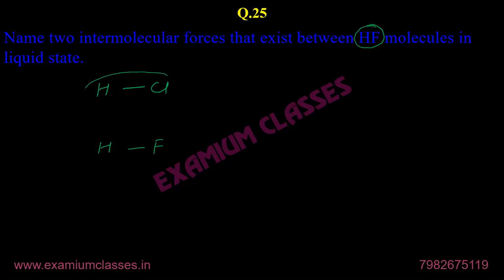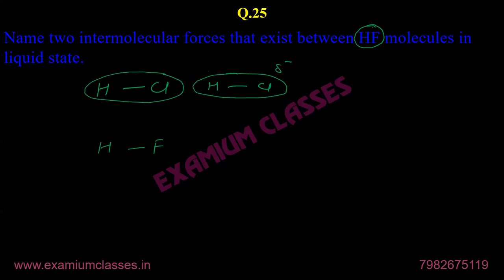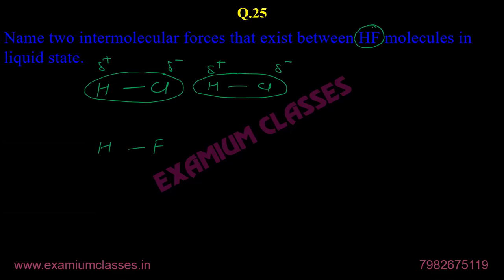But if I am talking about HCl, one end will be positive, the other end will be electronegative. So both are dipoles. So this is in itself one dipole. The other molecule is also in itself a dipole. So there will be dipole-dipole interaction in case of HCl.